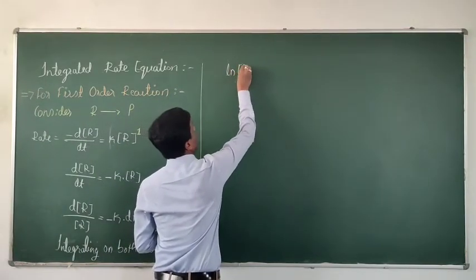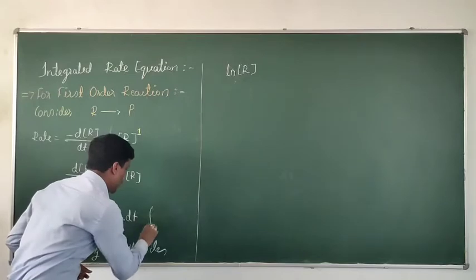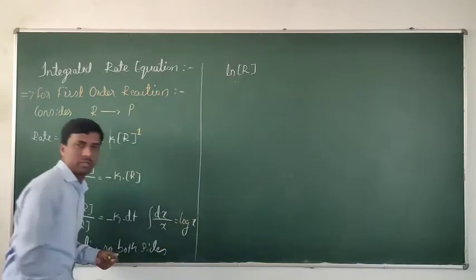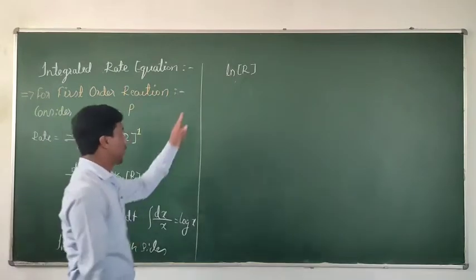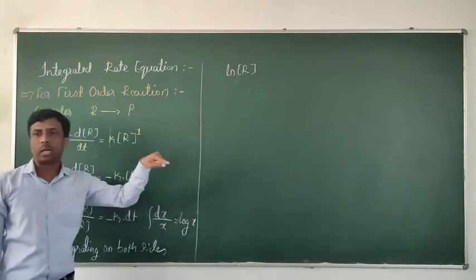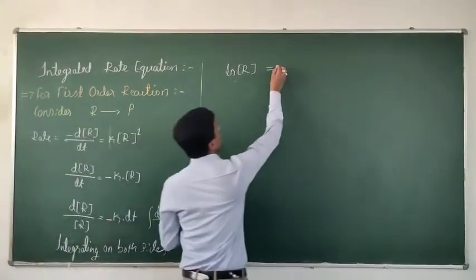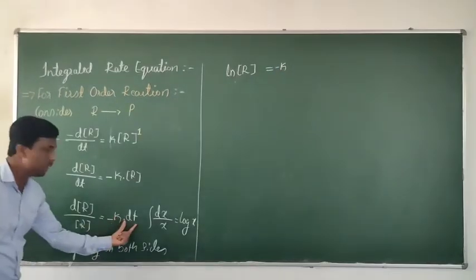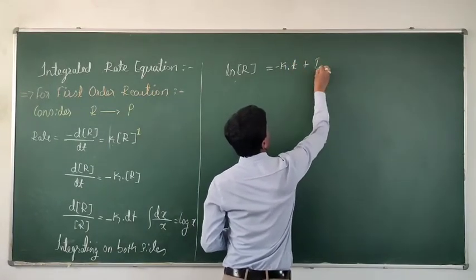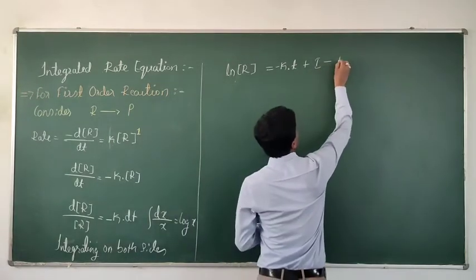So we have ln R, because the integration of dx divided by x is log x, and in the place of log x we have ln R. It is equal to minus k as it is, integration of dt gives t, plus I, the integration constant. Let this be equation number 1.